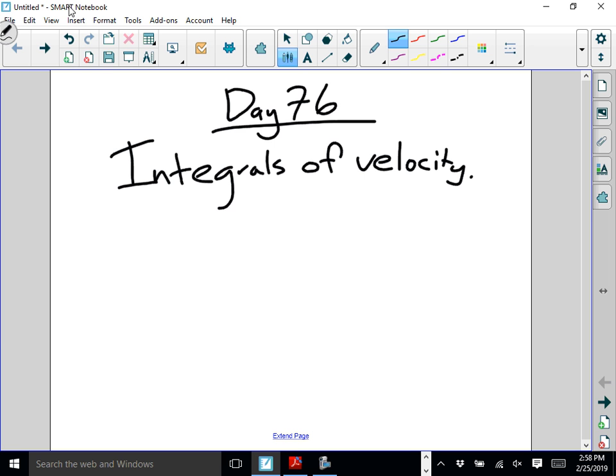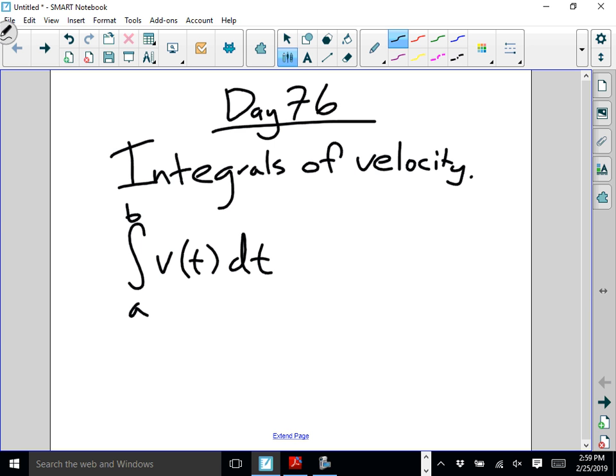Okay, so I want to start with just a couple of definitions here. We're going to start with the basic, simple, definite integral of v of t dt. We know that integrating velocity, right?